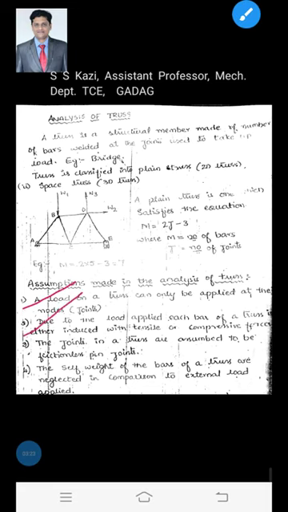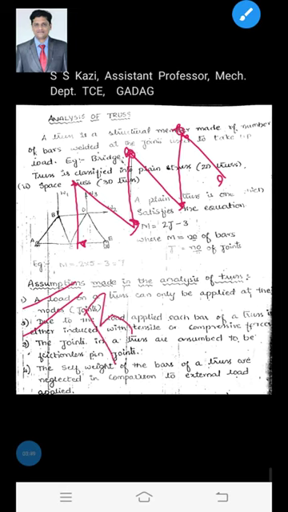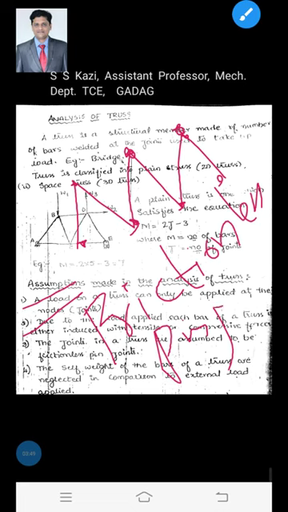Now, the third assumption: the joints in a truss are assumed to be frictionless pin joints. As we know, a truss member is a combination of bars, and all the bars are interconnected by means of joints, and these joints are assumed to be frictionless pin joints.